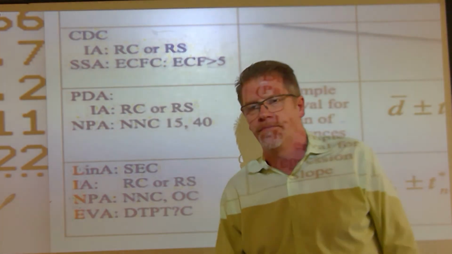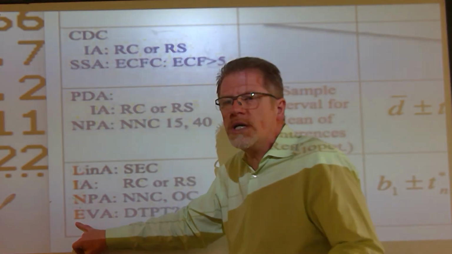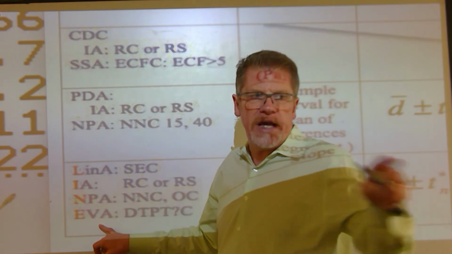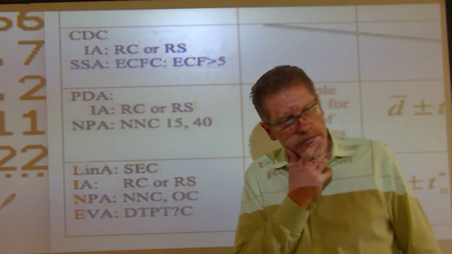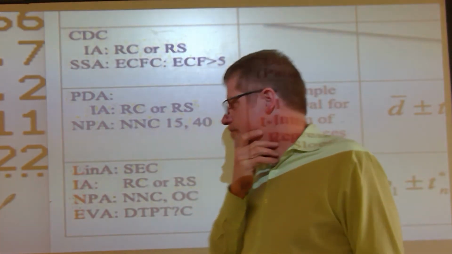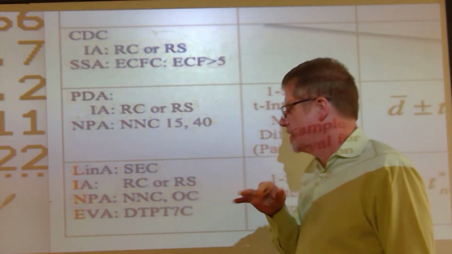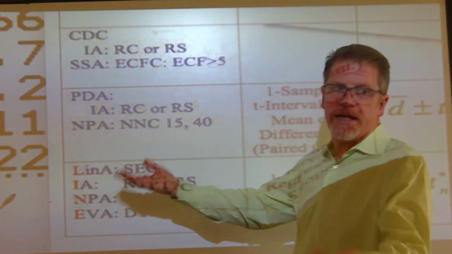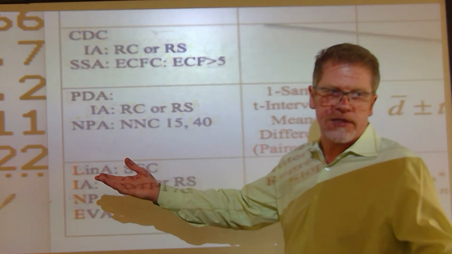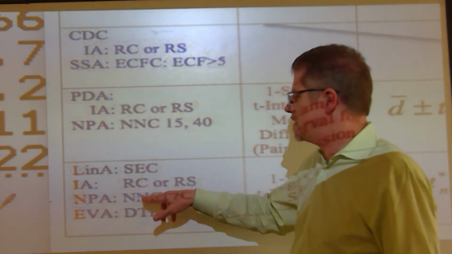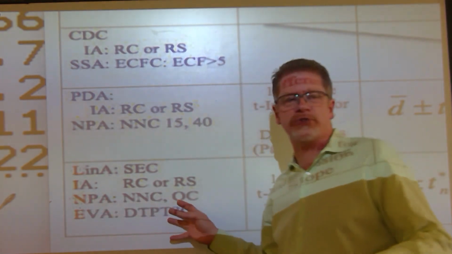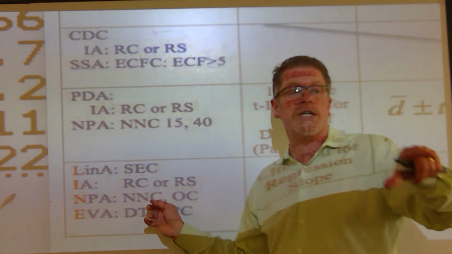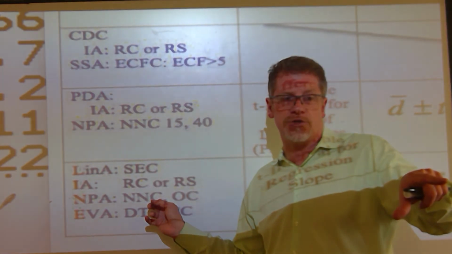Yes? What is E again? E is the equal variance assumption. So, yeah, question. Do we check the 15, 40 thing for the nearly normal condition as well? Yeah, I mean, they're going to give you the scatter plots, and they'll give you the histogram, everything. So you won't have to actually do anything here. They'll give you everything you need to conclude, just by looking at the data, whether the nearly normal condition applies.